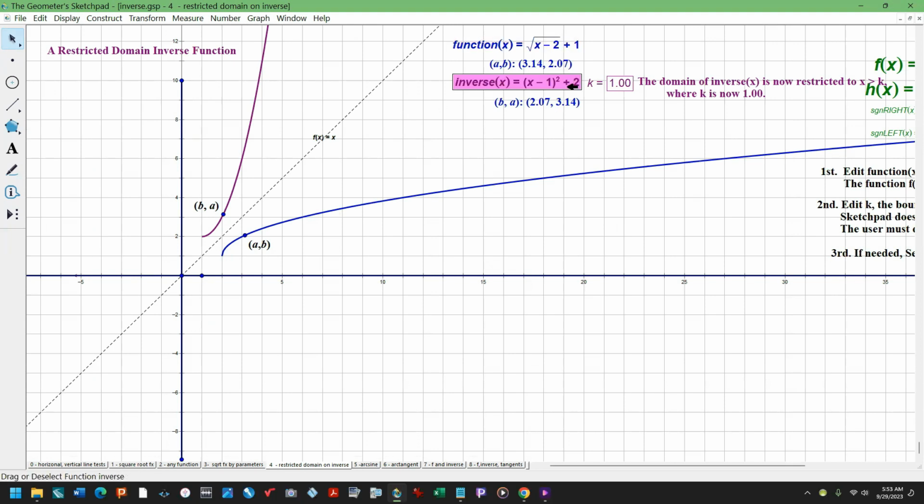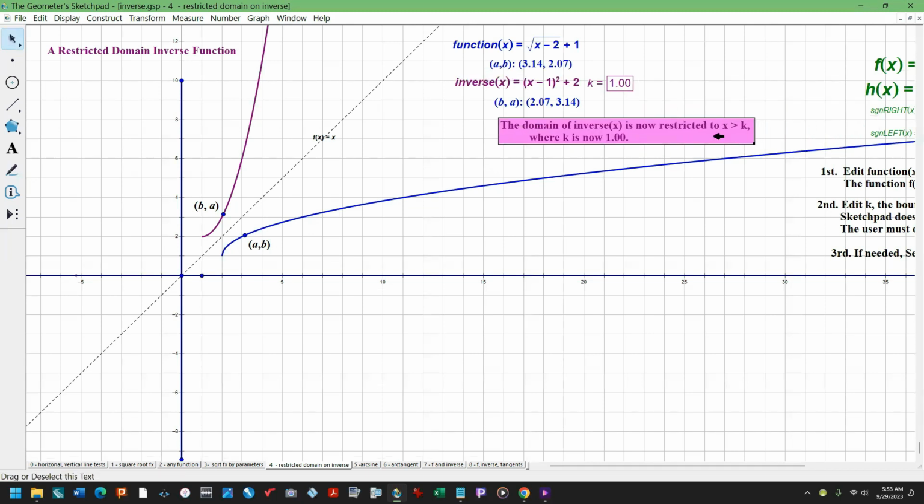Here is an entire parabola. You don't want that. You only want k. The domain of the inverse is now restricted to x is greater than k.